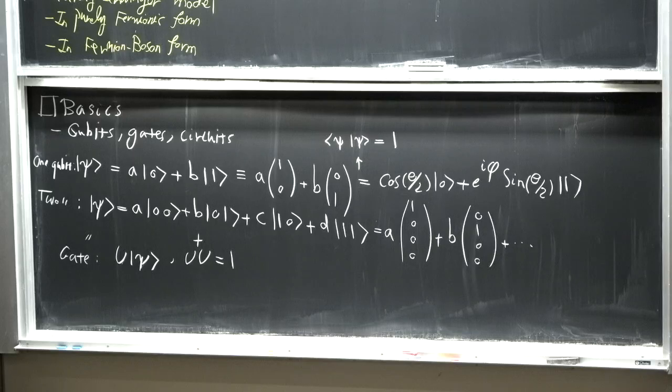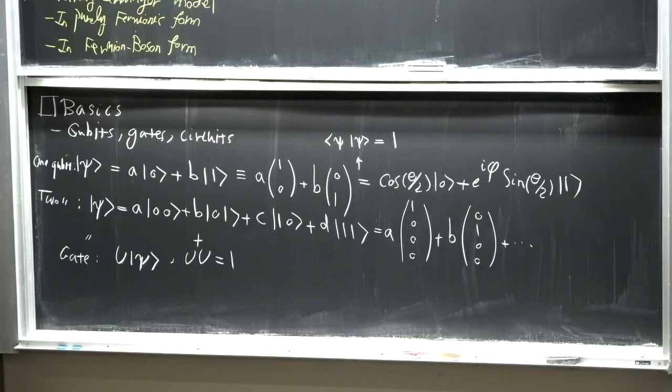Similarly, Y is sigma y, [0, minus i; i, 0]. Z, or sigma z, is [1, 0; 0, minus 1]. So these are the usual X, Y, Z gates. And of course, you can also implement any rotation around x by some angle theta. And by definition, this is e to the minus i theta over 2 sigma x acting on the state of that qubit.